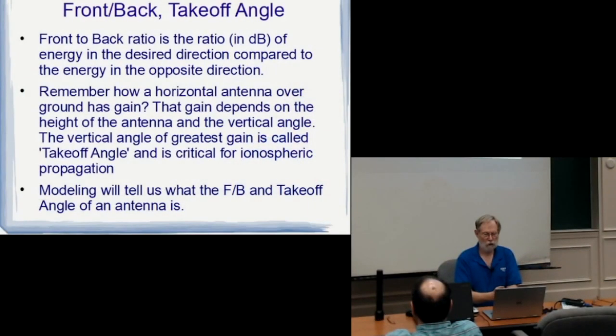For example, probably at least 30 or 40% of my contacts, maybe more, are zone 14, zone 15. So we want to match the vertical takeoff angles that get us to zone 14 or 15 as effectively as possible. We can kind of go from antenna modeling into terrain modeling.